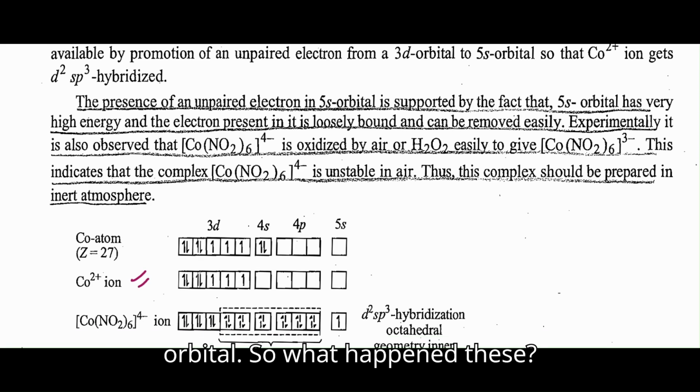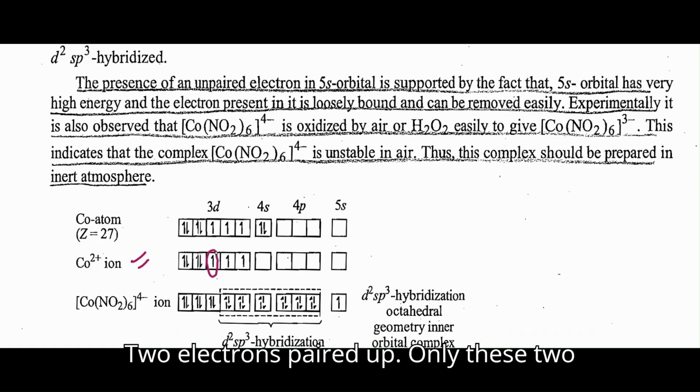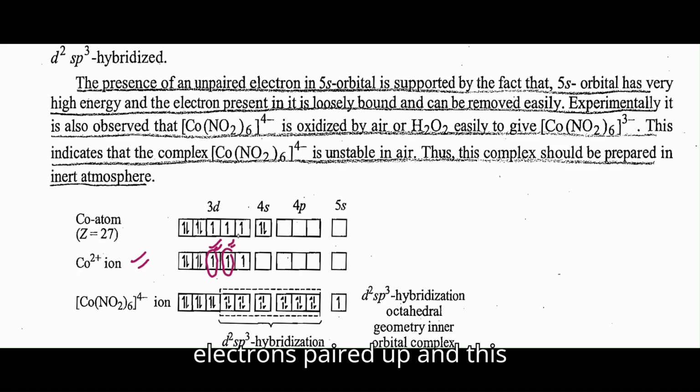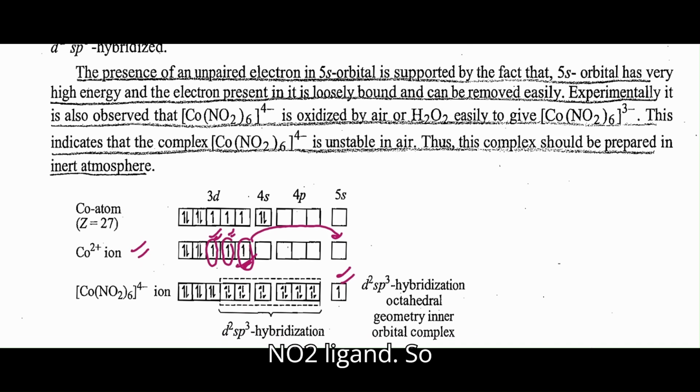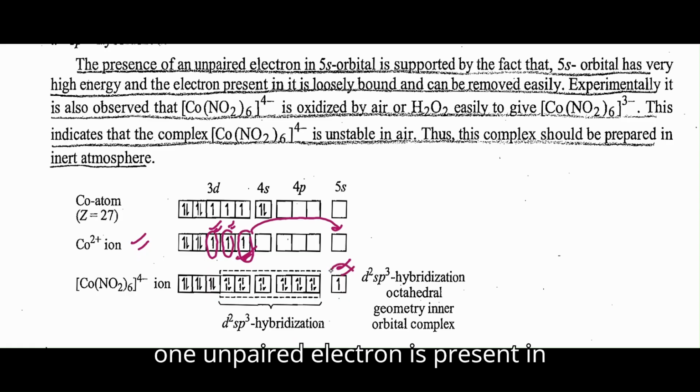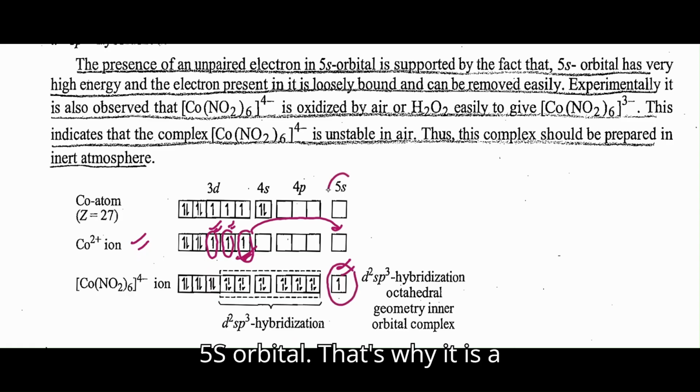So what happens, these two electrons pair up, only these two electrons pair up, and this electron will migrate towards the 5s orbital. So only two electrons will be paired up in the presence of the NO2- ligand.